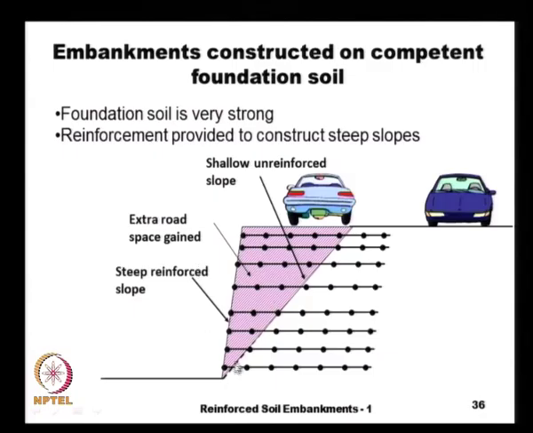Here we see the shallow unreinforced slope, and then a very steep reinforced slope, and the quantity of the reinforcement that we provide here is the variable that needs to be decided.